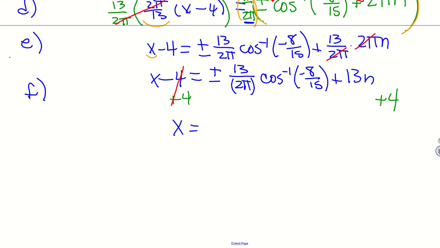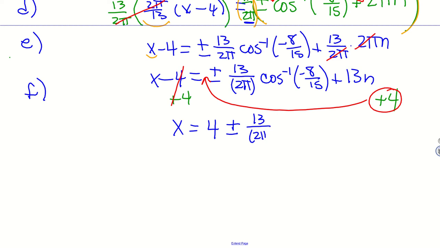So if I'm going to add 4, I can add it anywhere in this expression. I'm going to put this 4 in front of the plus or minus. So that gives me 4 plus or minus 13 over both 2 and pi times my inverse cosine of negative 8 over 15. And to that we add 13n.